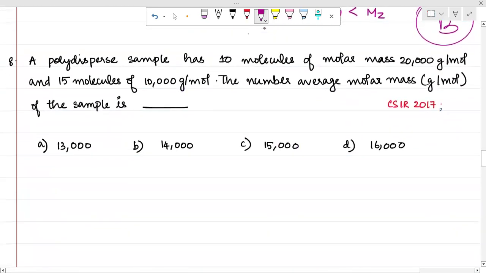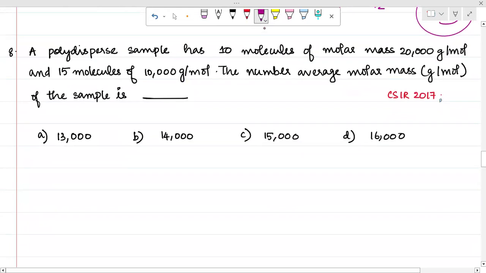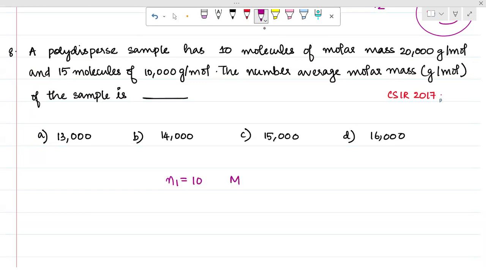Right. Next one. The very simple question. A polydispersed sample has 10 molecules of molar mass 20,000. So let's write it down. N1 is equal to 10 of M1, 20,000 grams per mole. And 15 molecules of 10,000.